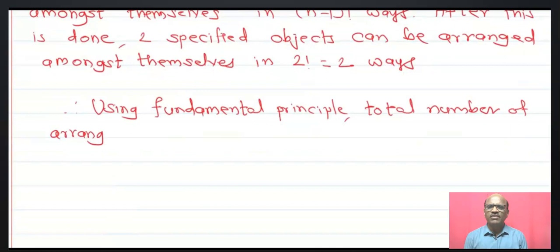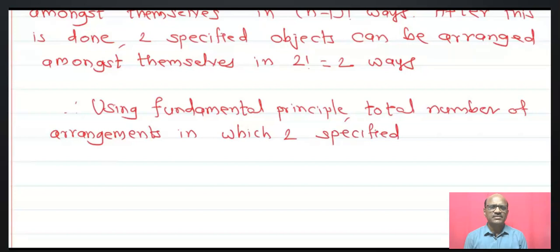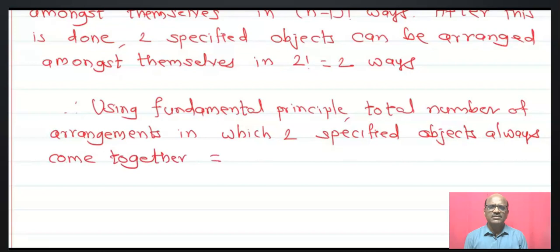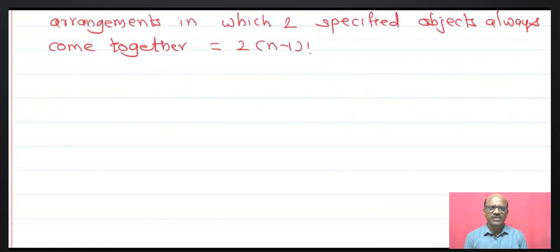The total number of arrangements in which two specified objects always come together is 2 in bracket n minus 1 factorial.